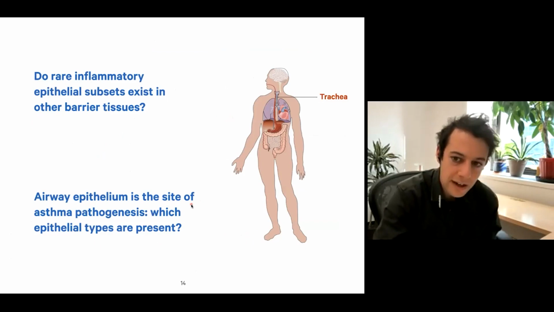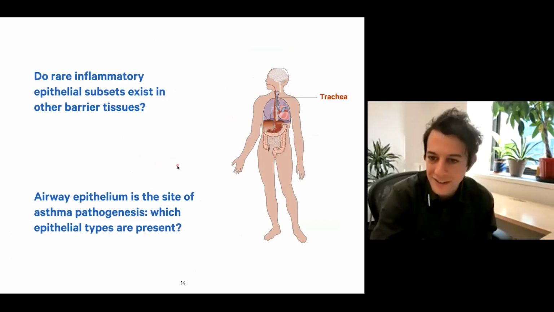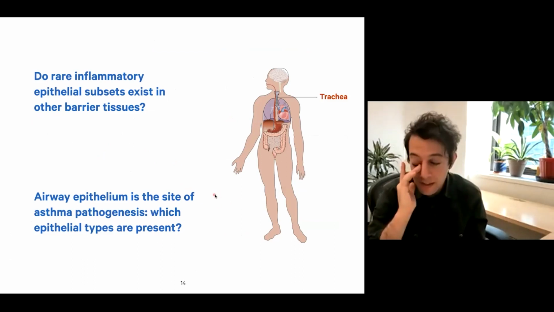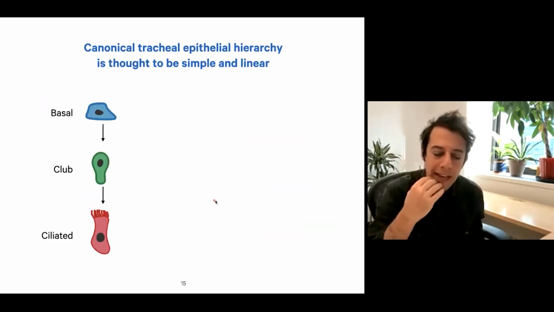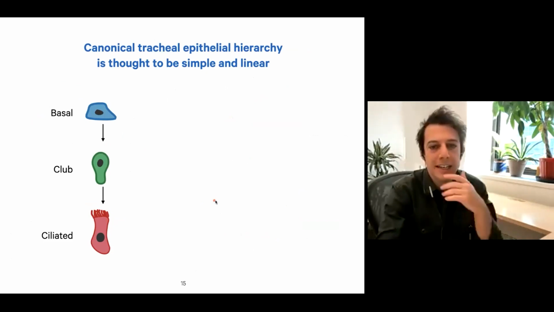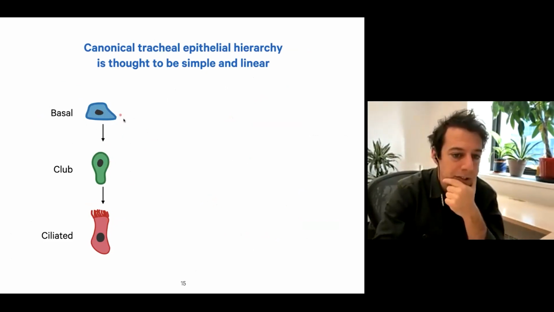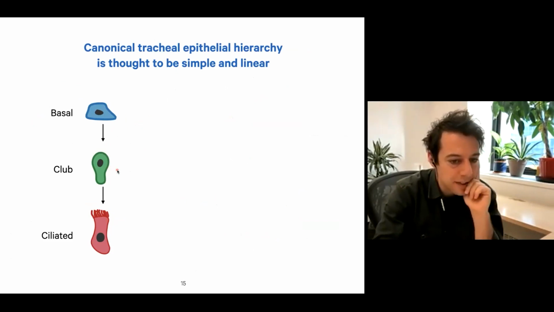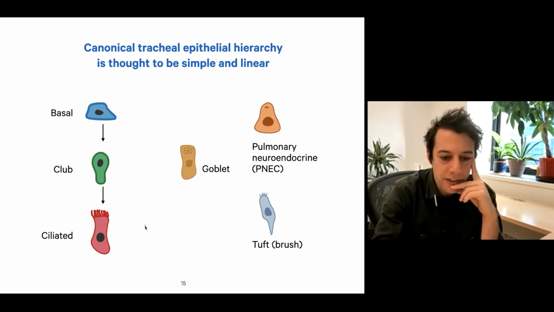So now turning to the airway epithelium, which I imagine would be of more interest to this audience. We wondered what type of epithelial cell heterogeneity was present. When we began this study back in 2018, it was thought that there were 3 types of airway epithelial cells: a basal stem cell, which gives rise to this club cell intermediate, which differentiates into a ciliated cell, which performs mucociliary clearance, the workhorse cell of the airway.